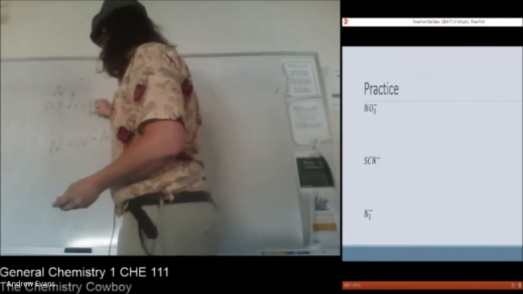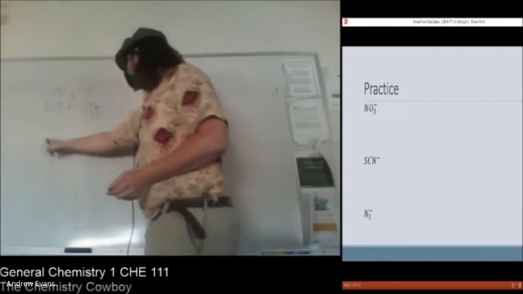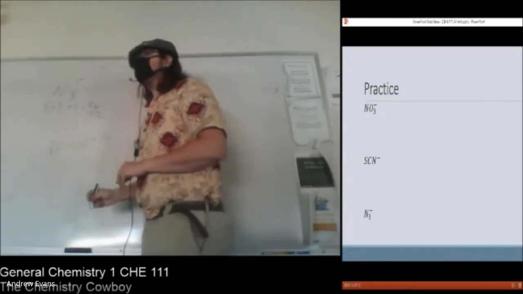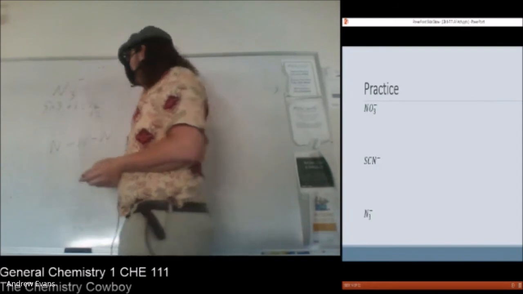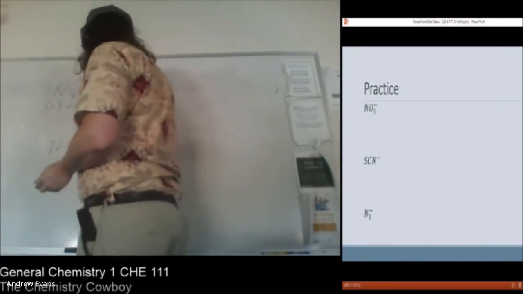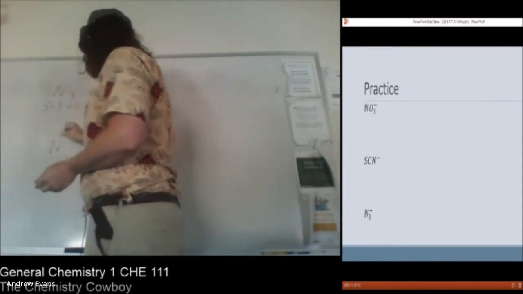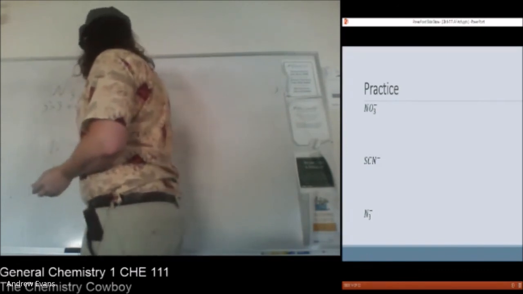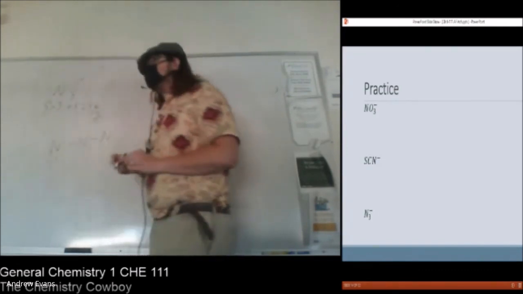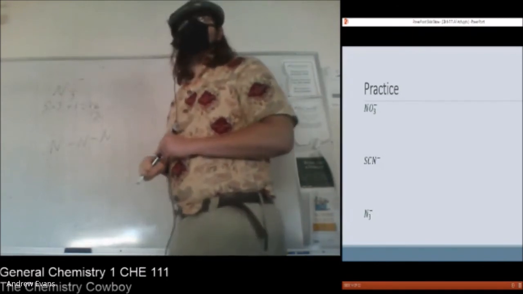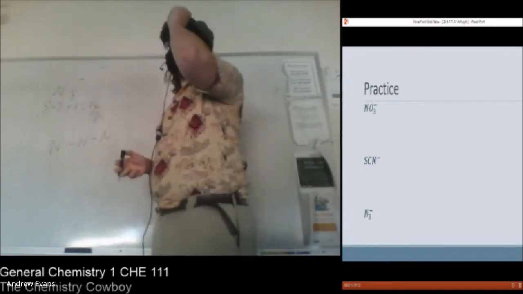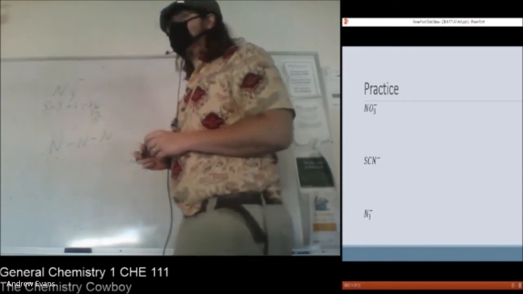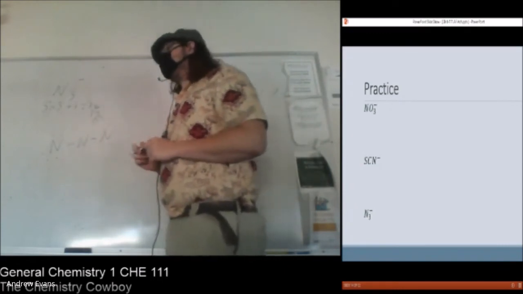We're down to 12. Generalized rule, put all the electrons around the outer atoms. 1, 2, 3, 4, 5, 6. 1, 2, 3, 4, 5, 6. Just like thiocyanate, we now have to make some double bonds.